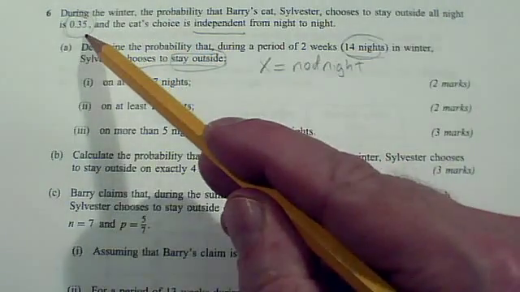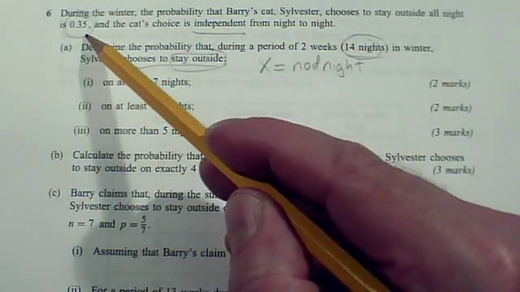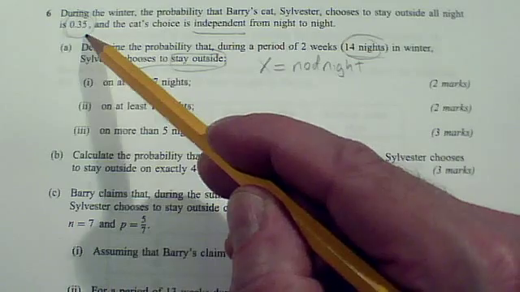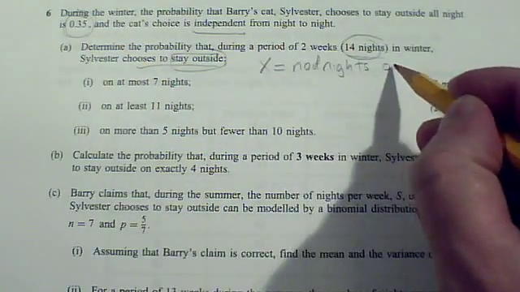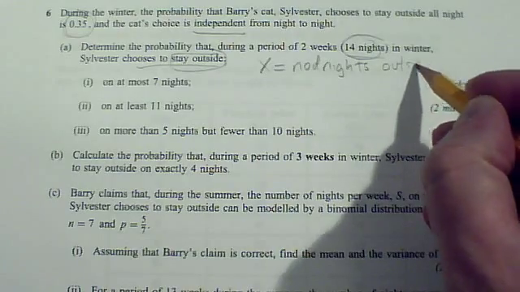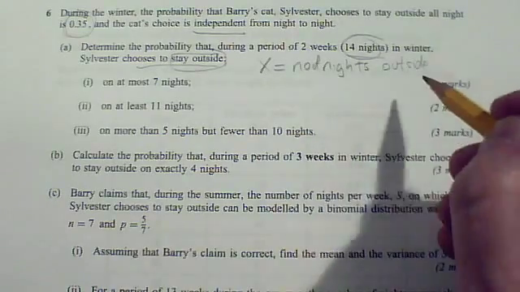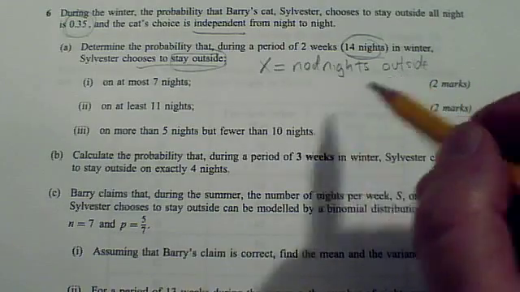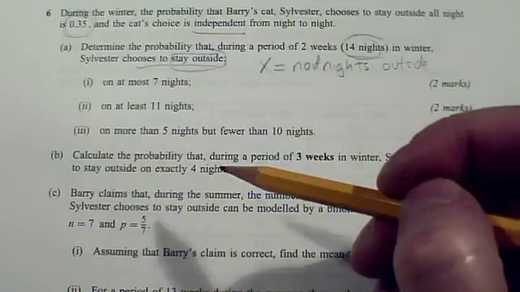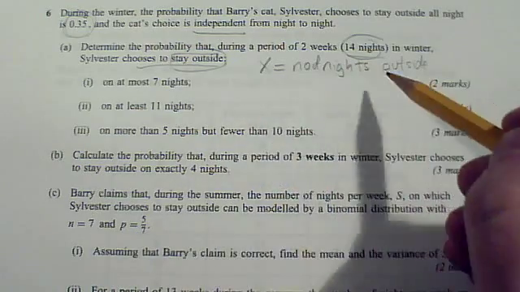In this particular case, 0.35 is one of the tabulated probabilities in the binomial tables. So yes, X is going to be the number of nights he stays outside, but there are sometimes questions where you have to look at the opposite definition of X and work with the number of nights he stays inside and translate all the parts of the question to fit your X.